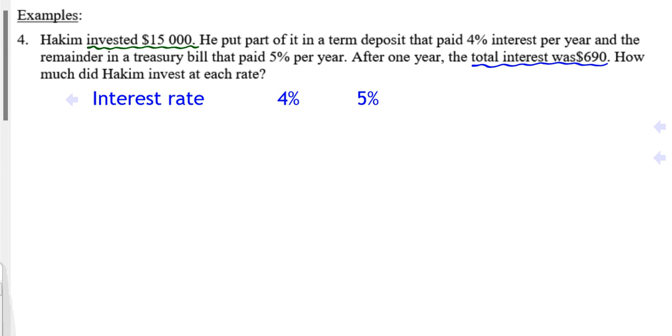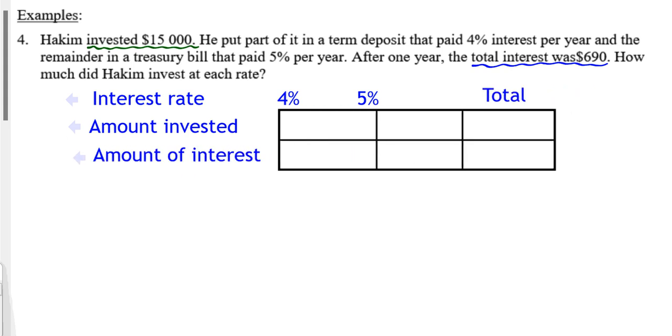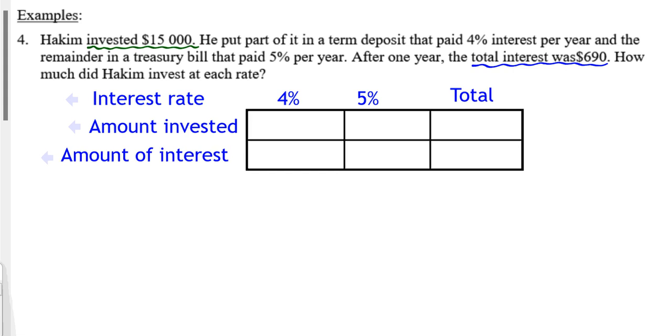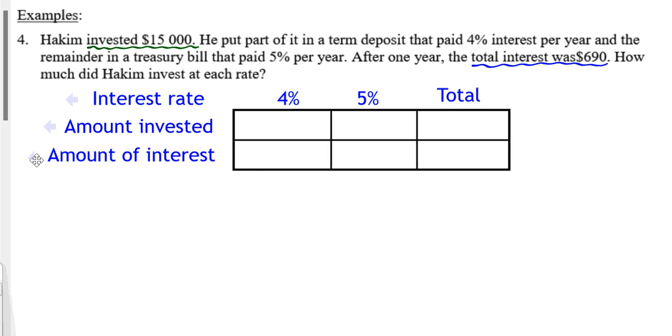Often we'll write a let statement to define the variables, but sometimes setting up a table to organize our information is going to be more helpful. So as I said earlier, one type of information we have is the amount of interest. The second type of information we're given, I should say the first is the amount invested, the second is the amount of interest.